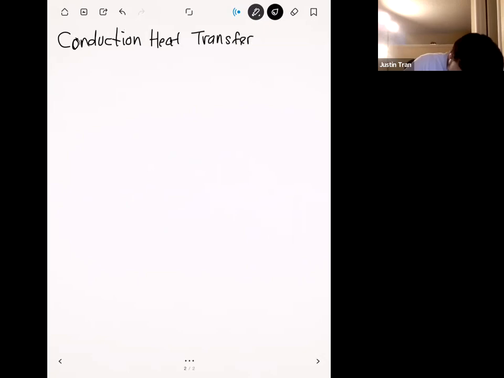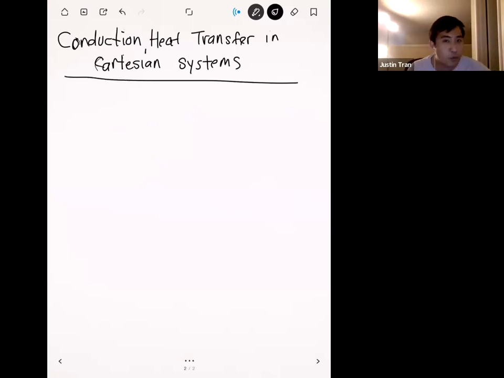By Cartesian systems, all I mean is that our domains are going to be rectangular.